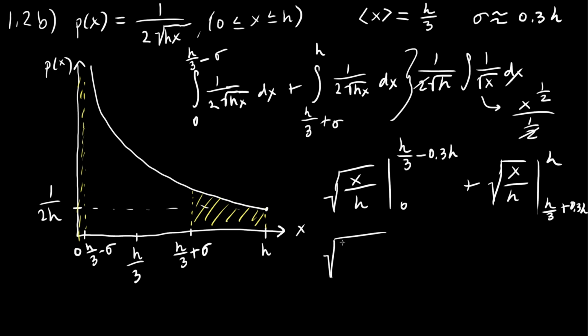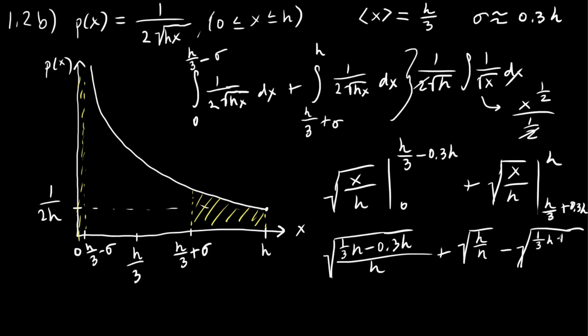It will be the square root of 1/3 h minus 0.3h over h, and then this term will be the square root of h over h minus the square root of 1/3 h plus 0.3h over h.